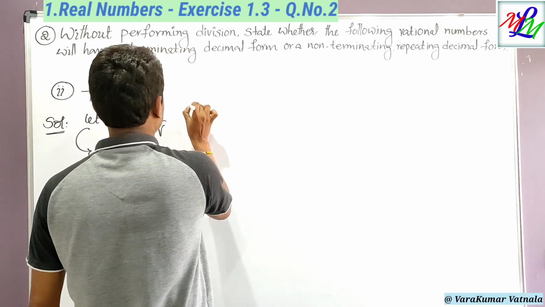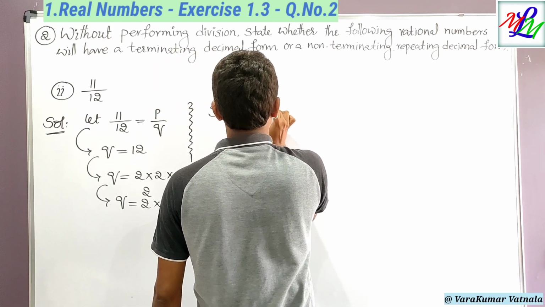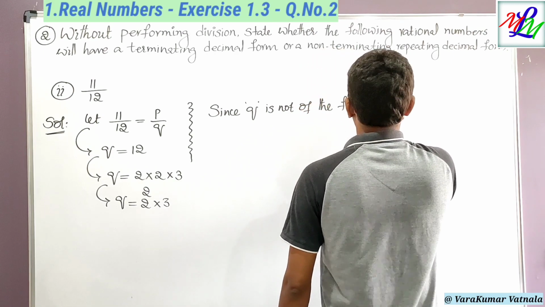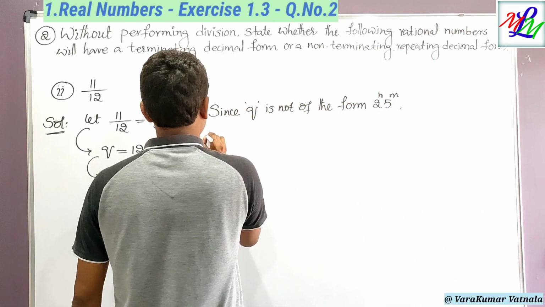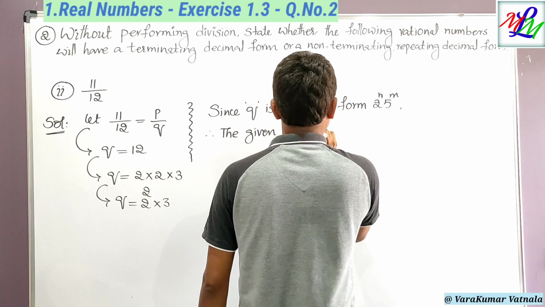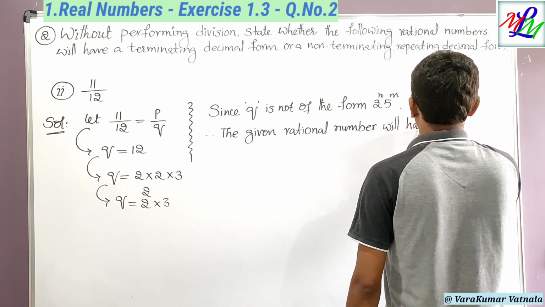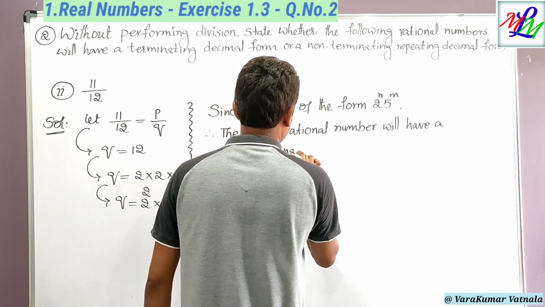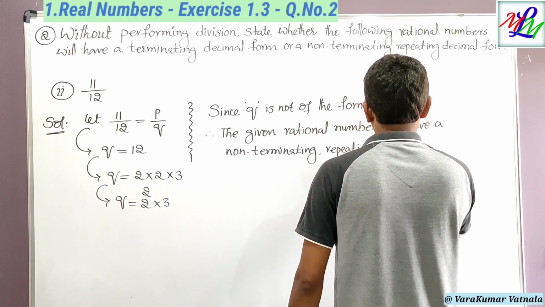So see, student, how can we write: since q is not of the form 2 to the power n into 5 to the power m, therefore the given rational number will have a non-terminating repeating decimal form.